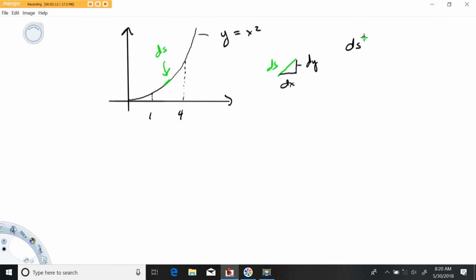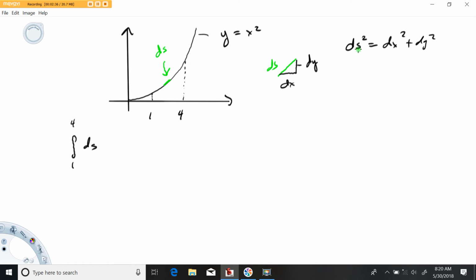So we can say that ds squared is equal to dx squared plus dy squared. Now, ultimately, what we want to do, and I'll write this over on the left, is add up all these little ds's as x runs from 1 to 4. And that's what the integral does. Basically, it's an infinite addition.